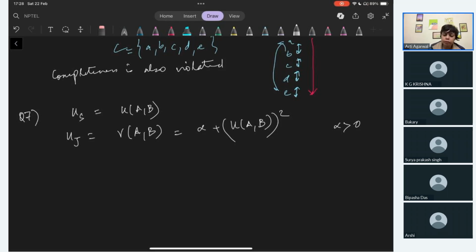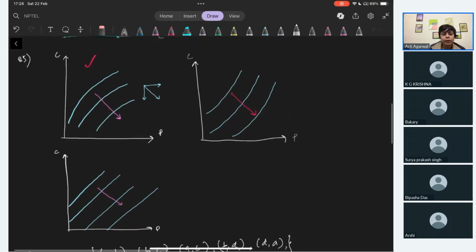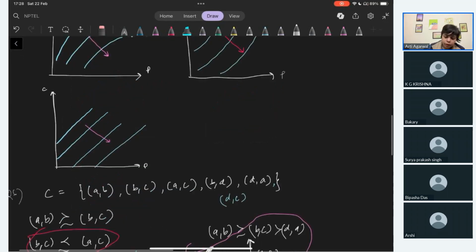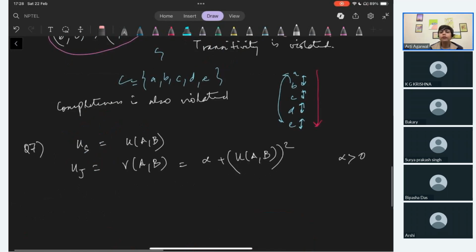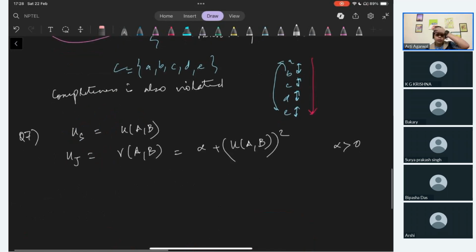But if you see, we have been using only one quadrant for drawing all our utility and indifference curve diagrams, right? That is because we are not considering cases where utility is negative.